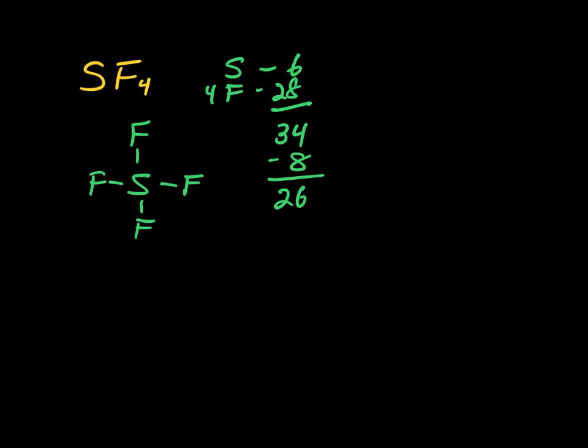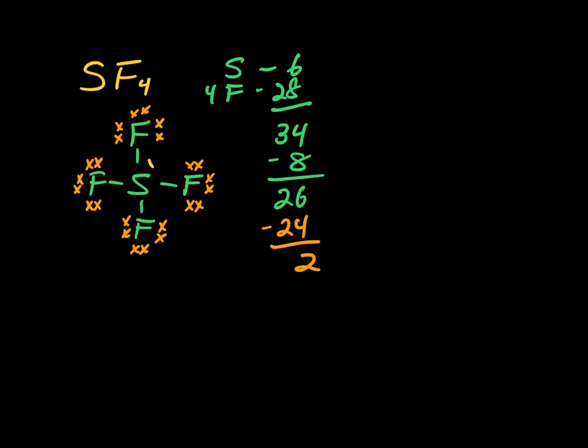And so now we start distributing those around the fluorines. 6 goes around each fluorine. That took away 24, but that still leaves us with 2 valence electrons to distribute. And so for those 2 valence electrons, the sulfur is the only thing that can accommodate more electrons.